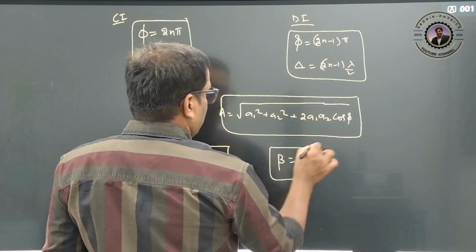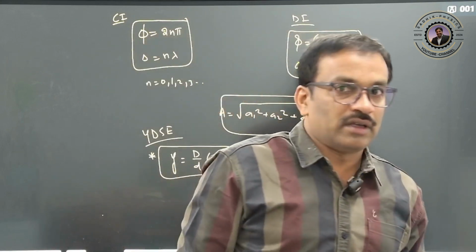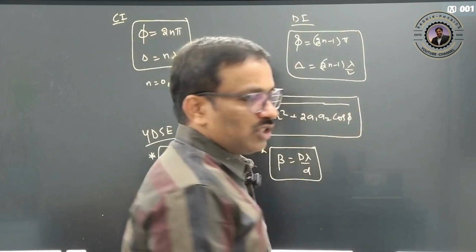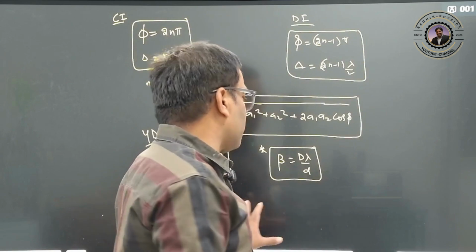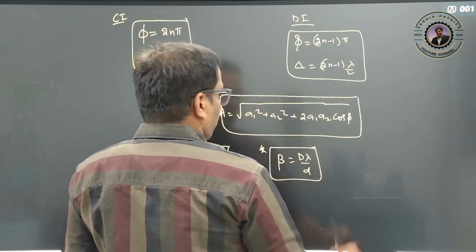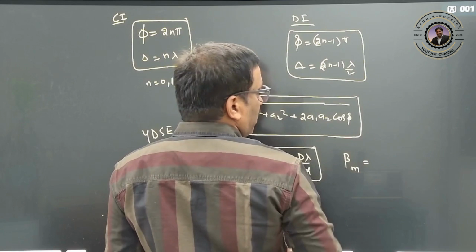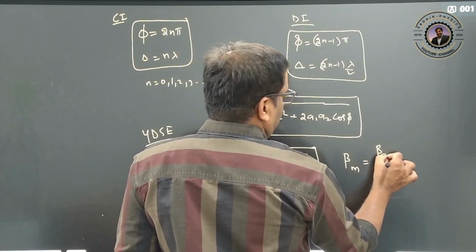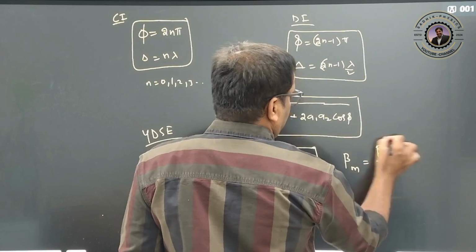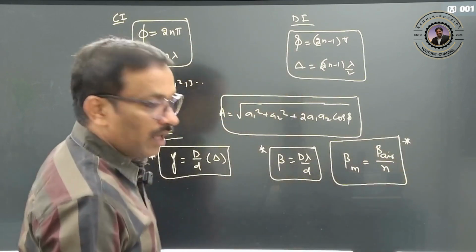We also said that all the fringes in the interference pattern will be of the same size. The intensity distribution we already discussed. If the experiment is performed in a medium, beta in air divided by its refractive index gives the fringe width.